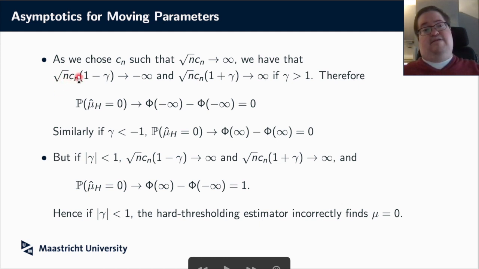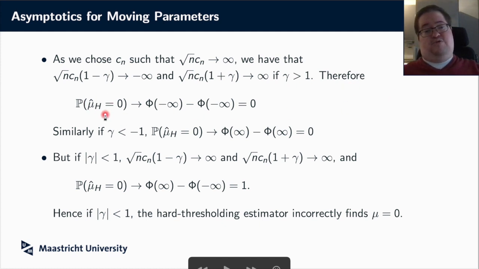And that means that depending on the sign of 1 minus gamma or 1 plus gamma, we'll jump towards either minus infinity or plus infinity. So if you take gamma larger than 1, then this becomes negative, so this whole thing will go to minus infinity. On the other hand, here everything will go to plus infinity.